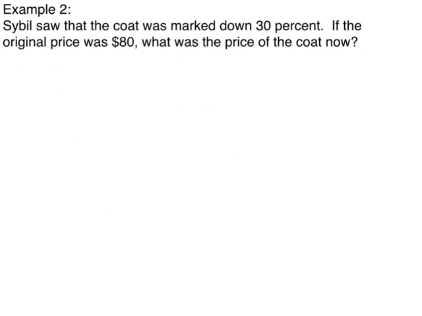Okay? Example 2, now you're going in and you see something that is marked down. Okay, that is a decrease in percent. So Sybil saw that the coat was marked down 30%. If the original price was $80, what was the price of the coat now?